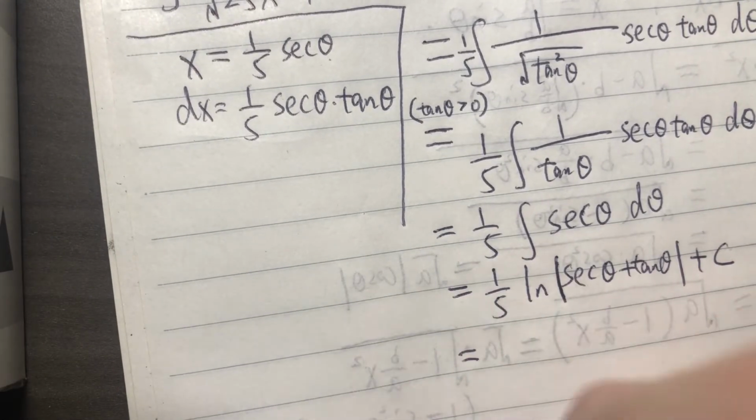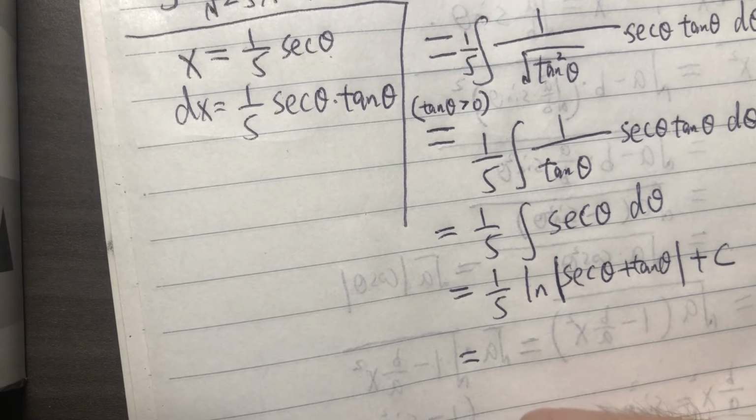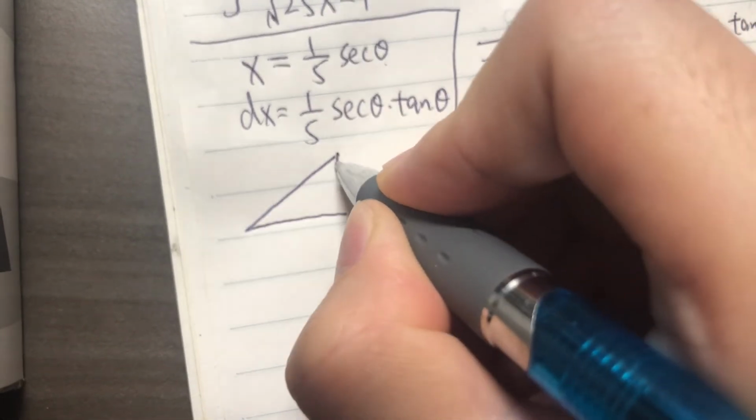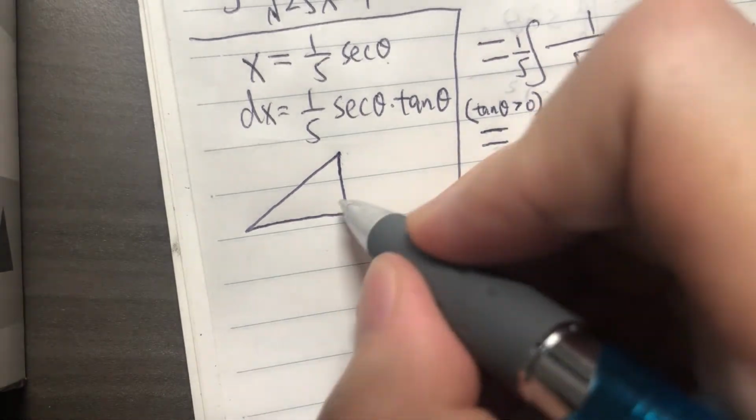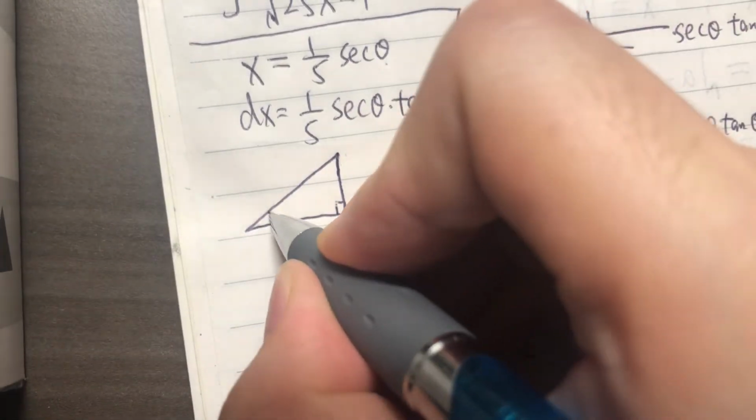You can use an identity like tangent squared plus 1 equals secant squared, or you can draw a right triangle. This is a right angle, and this is theta.